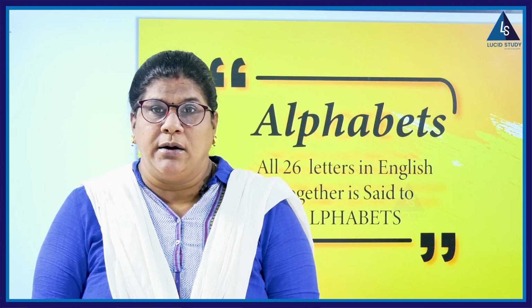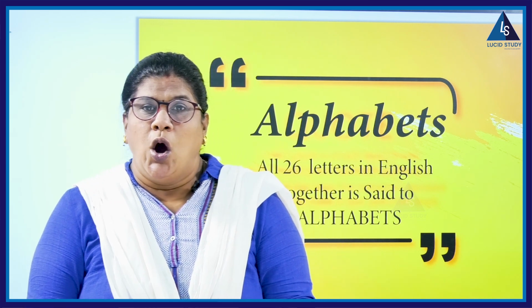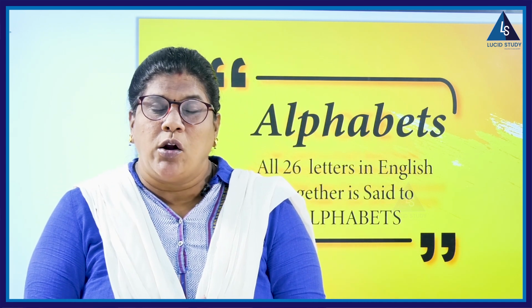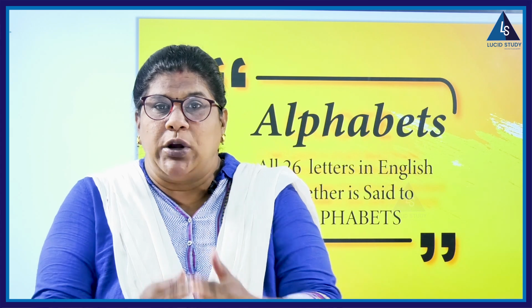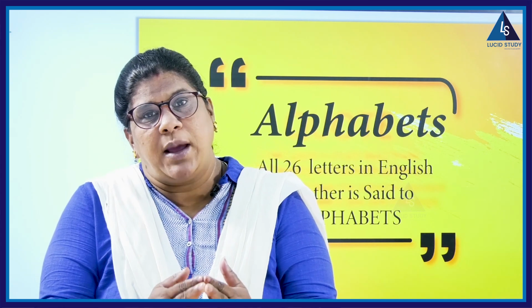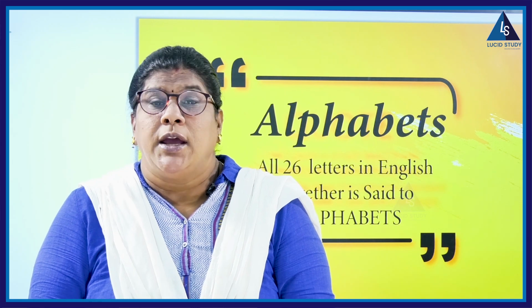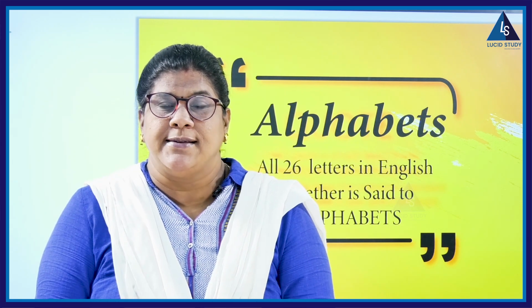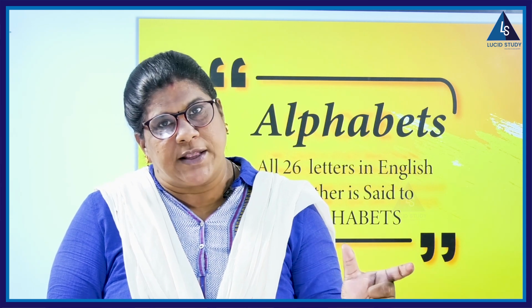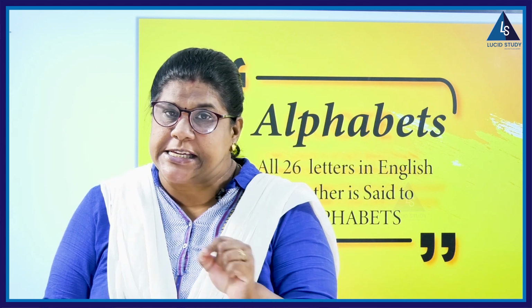In the same manner, in English also, we have a misconception. Most of us would always think that all 26 letters, when you say ABCD, they call it as alphabets. If all the 26 letters are put together, then we'll call it as alphabets. But A, B, C, D, these are letters.